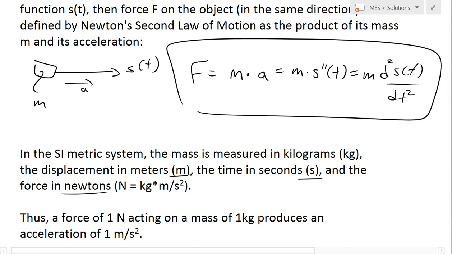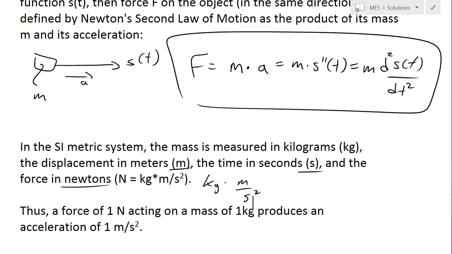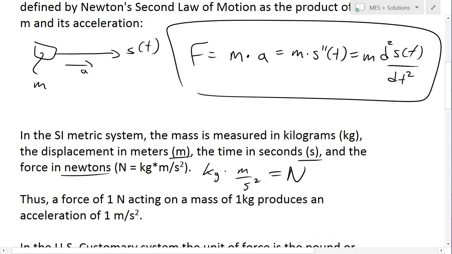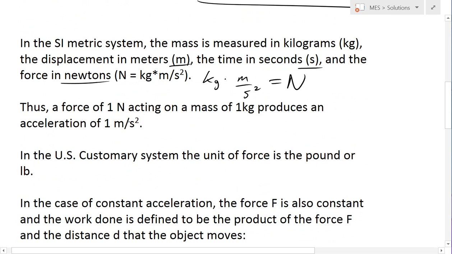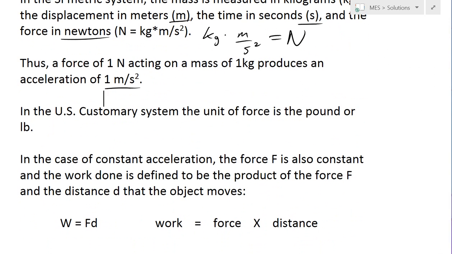You're just multiplying kilograms by acceleration, meters per second squared, and this equals the newton, or N. Thus, a force of 1 newton acting on a 1 kilogram mass produces an acceleration of 1 meter per second squared.